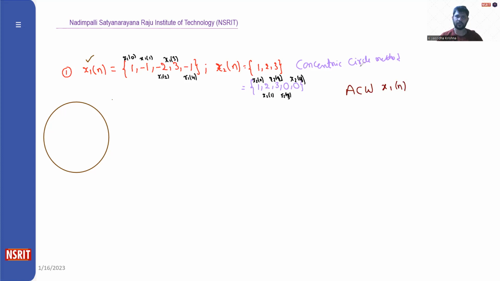Remember, x1 of n is anti-clockwise. Here I write x1 of 0, then x1 of 1, x1 of 2, x1 of 3, and x1 of 4.